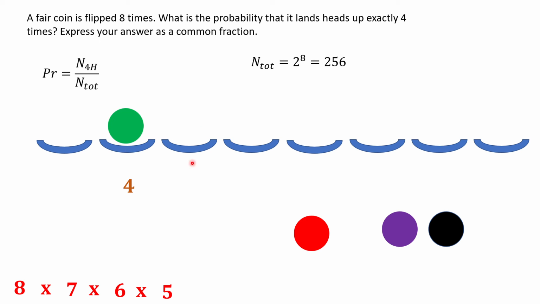Now, the next thing we want to fill is this position. How many ways can we put a ball there? Well, there are 3 balls left. So there are 3 ways to put a ball in this position. But remember, it's 3 ways to put the ball here for each of the 4 ways to put the ball there, which means the total number of ball positions is 4 times 3. Well, we have 1 ball here.